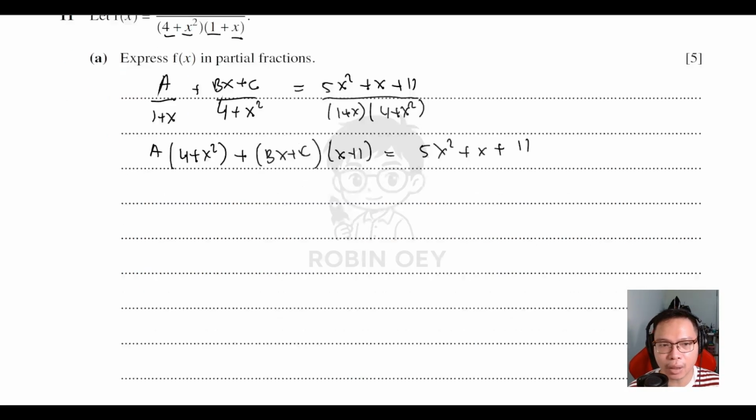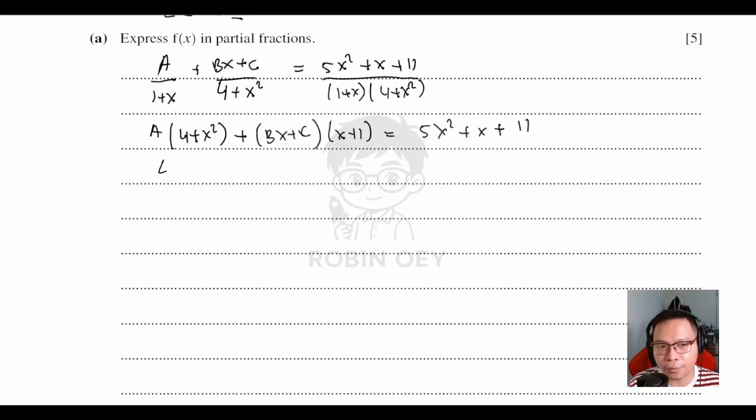Now we need to open the brackets. So we have 4A plus Ax squared plus Bx squared plus Bx plus Cx plus C, equals 5x squared plus x plus 11.